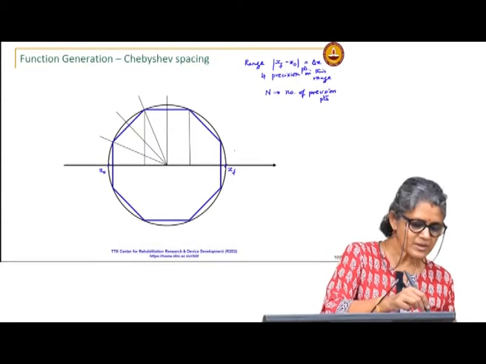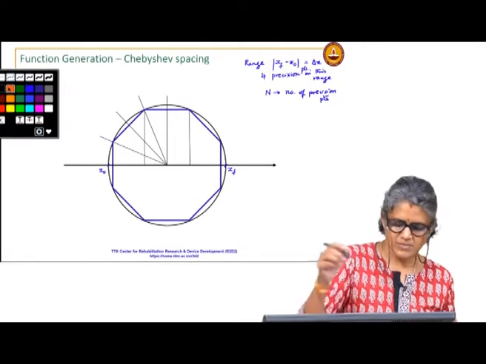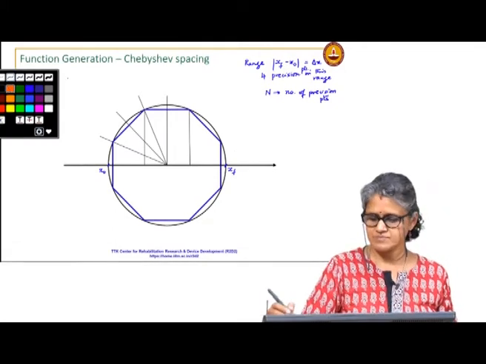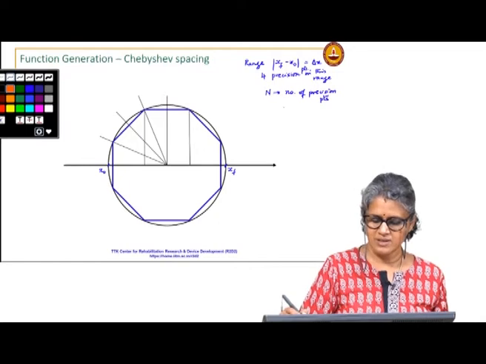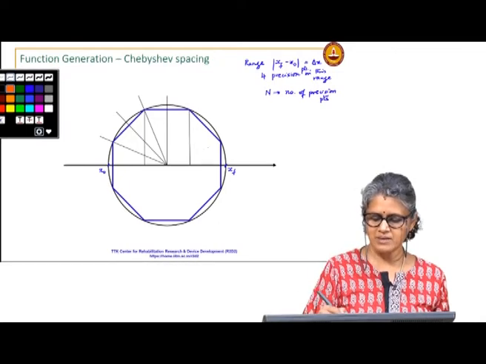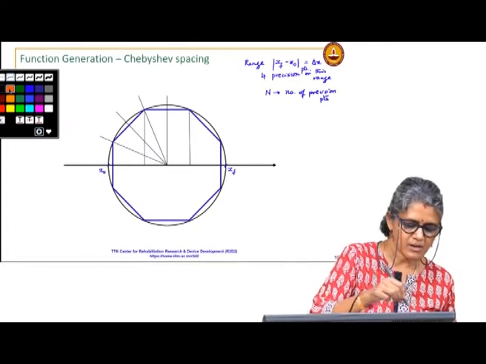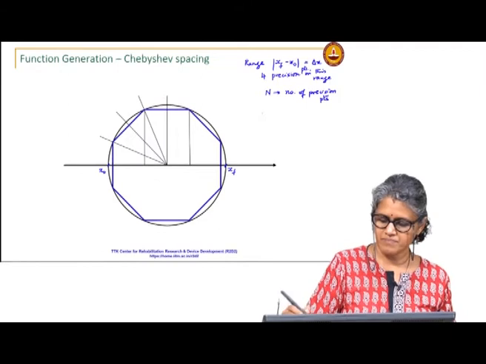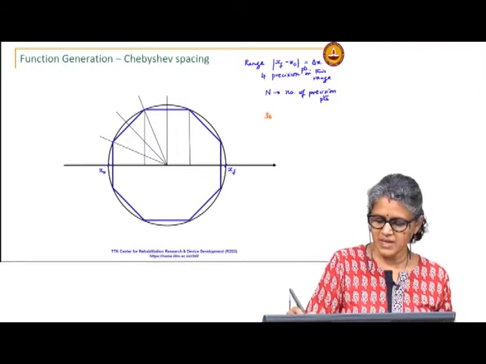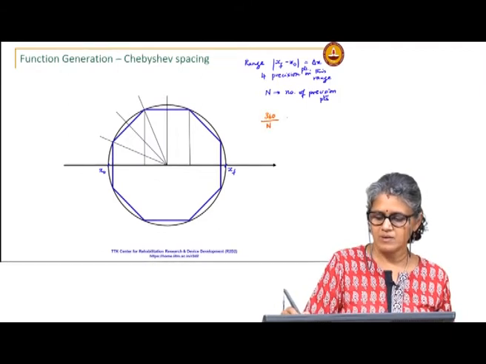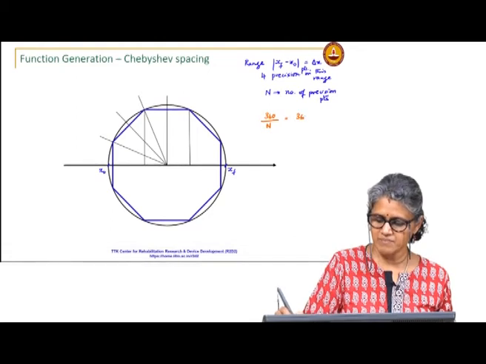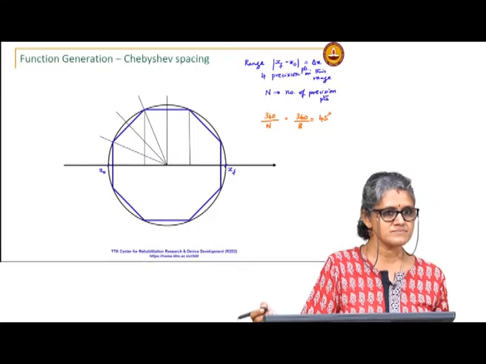So how would I do that? I know the angle subtended by each side: 360 by n, in this case 45 degrees.